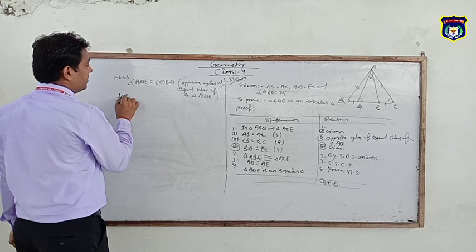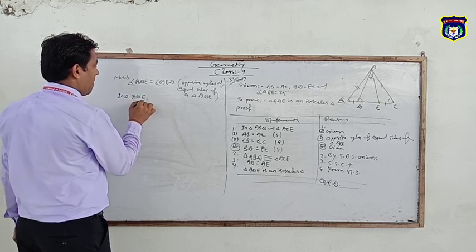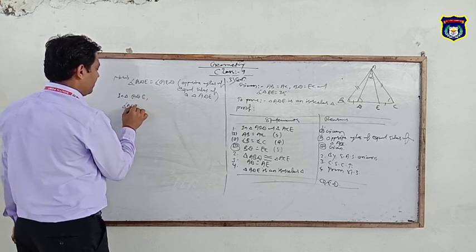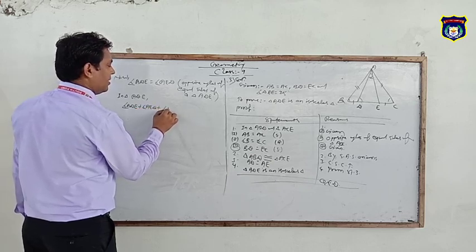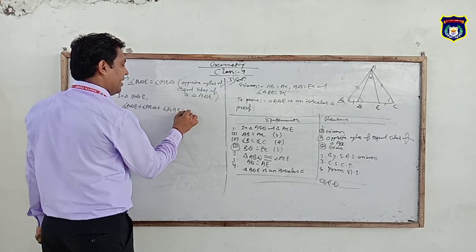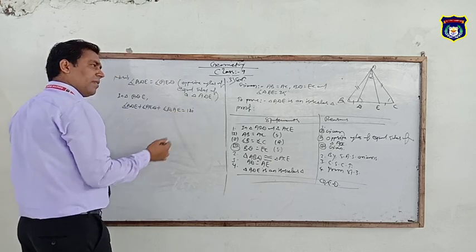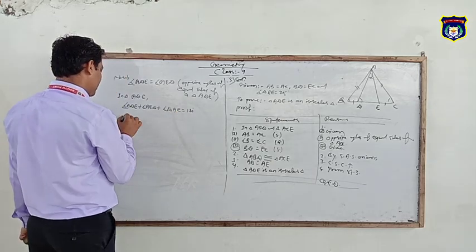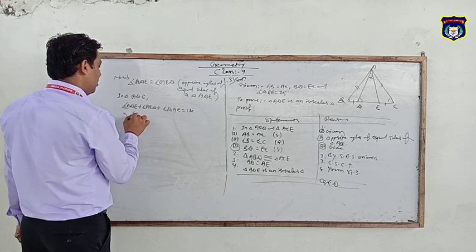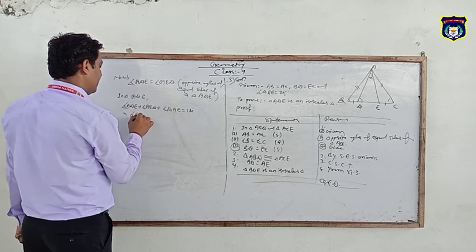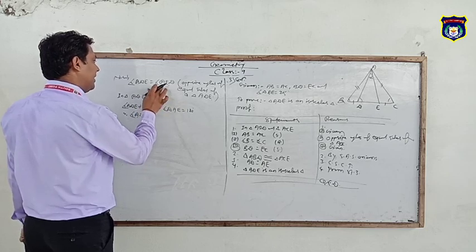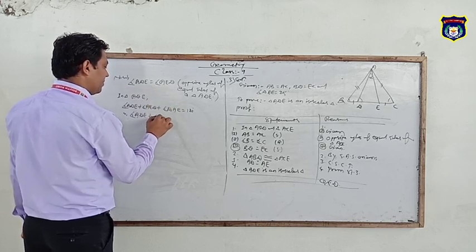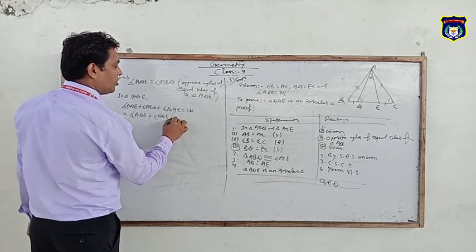In triangle ADE, angle ADE plus angle AED plus angle DAE equal to 180 degrees, the sum of angles of a triangle. Since angle ADE is equal to AED, we substitute, and DAE is 25.